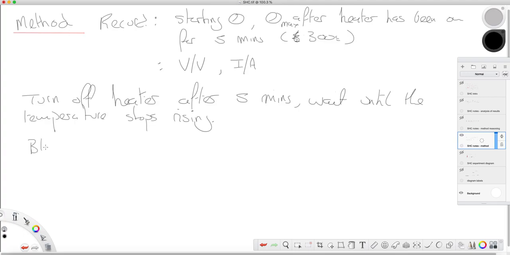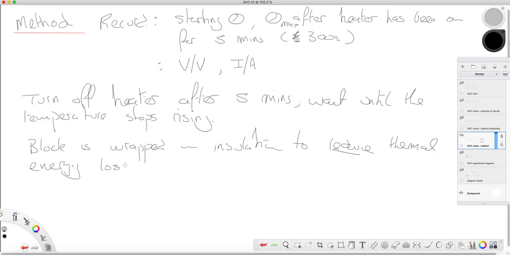And the block is wrapped in insulation to reduce, not to stop, but to reduce thermal energy loss. So that's what we do.